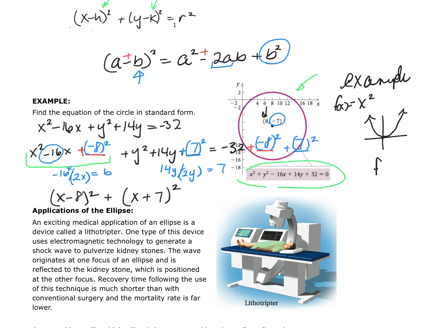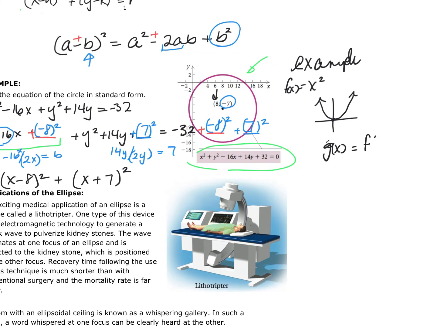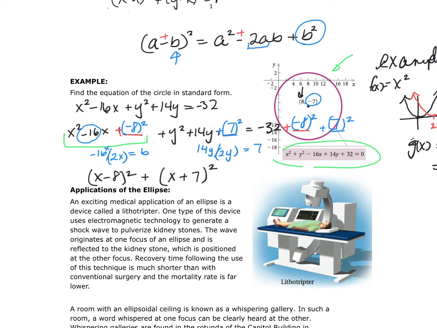But if I have g of x is equal to my f of x minus 2, which then becomes x minus 2, the quantity squared, remember, that graph gets moved over to a positive 2. So that's just a friendly reminder as to why I have the x minus 8, but it is a positive 8 here. I have, that should be a y. Let me erase that, make that a y. I have y plus 7, but I have a negative 7 over here.